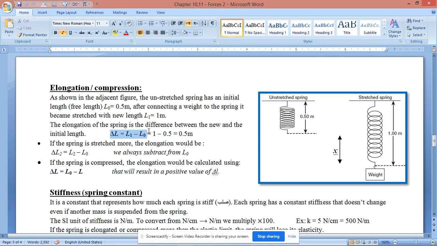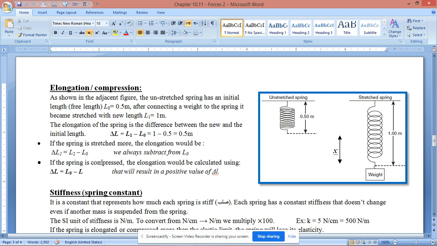So delta L equals L1 minus L0. If we elongate the spring more, we subtract from the initial length also, not from the previous length. So it's always L minus L0, and not L2 minus L1 or L3 minus L2. It's always the subtraction from the initial length.